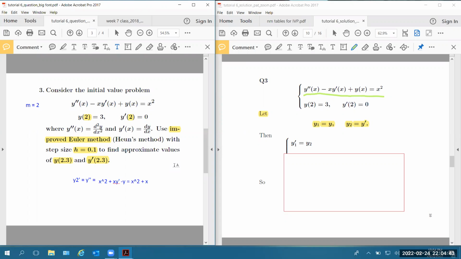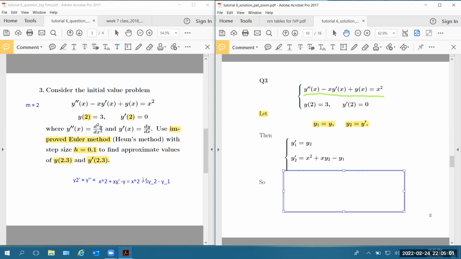Your y prime is now called y2, and your y is called y1. So this is actually our second equation: x squared plus x y2 minus y1. Everyone can see, right?